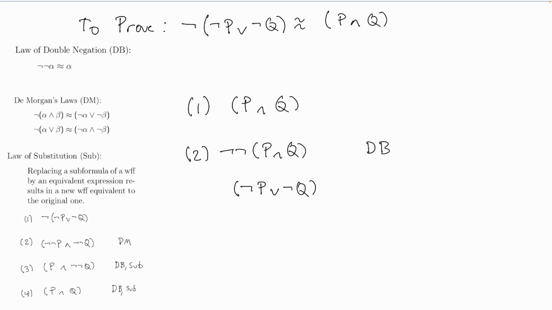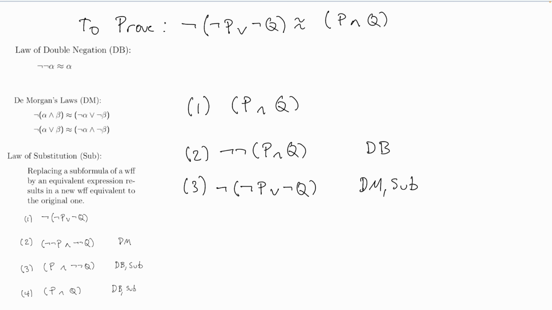The formula that results when we perform that swap is not P or not Q. So as the third line of the proof, we can write down not P or not Q and appeal to De Morgan's laws plus the law of substitution as the justification for saying that that formula is equivalent to the formula given at line 2.